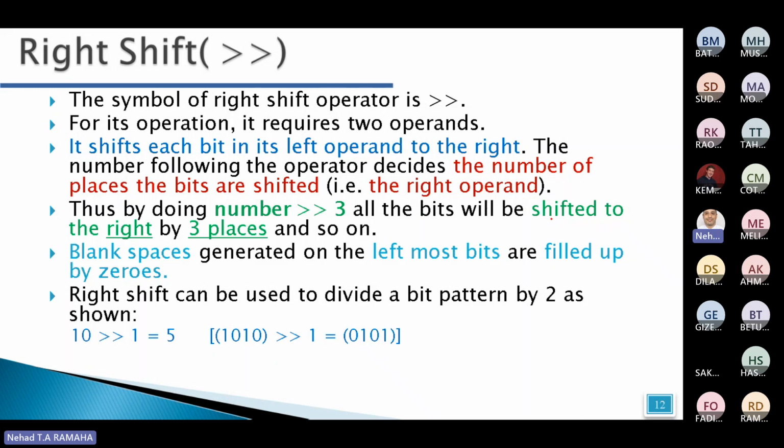Usually the right shift is used to divide the number by 2. By shifting by 1, it's the same as dividing the number by 2. We already took this example, or a similar example.